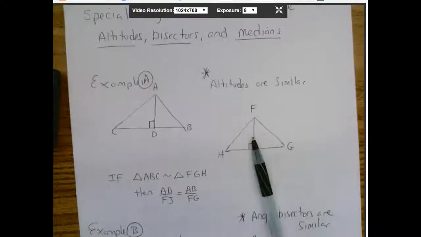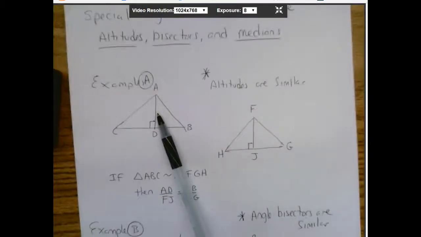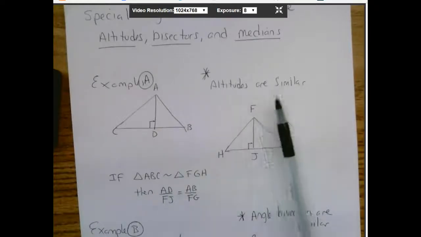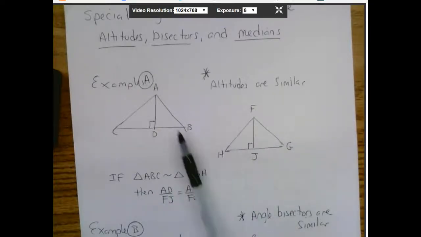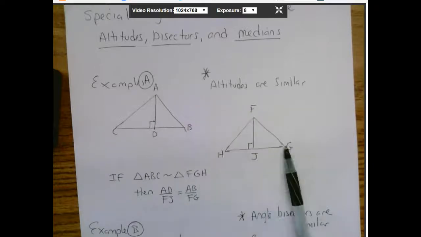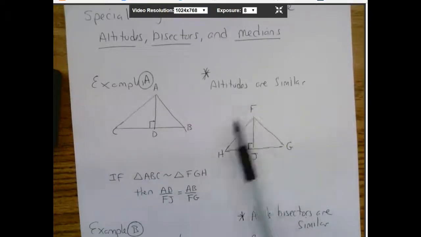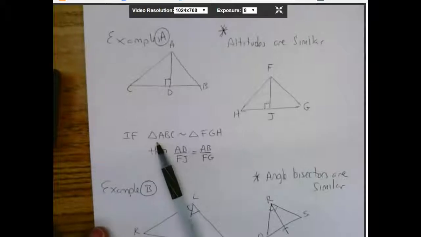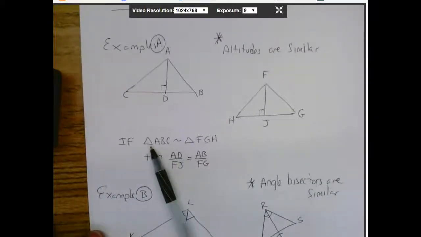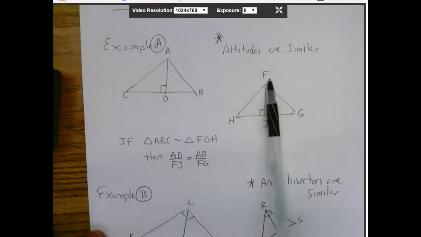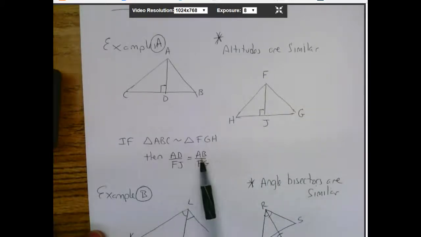So we can say this altitude AD should be similar to altitude FJ, and then we can choose some other side, AB, FG, maybe we want to do AC or FH. Okay, and you can see the statement here for altitudes and how they make triangles similar. It would say if ABC is similar to FGH, then AD, this altitude, compared to this altitude FJ, would have the same ratio as one of the sides would as well. So that's the rule for similarity in altitudes.